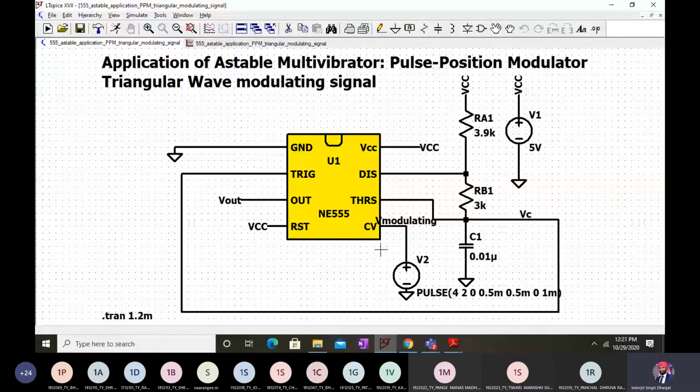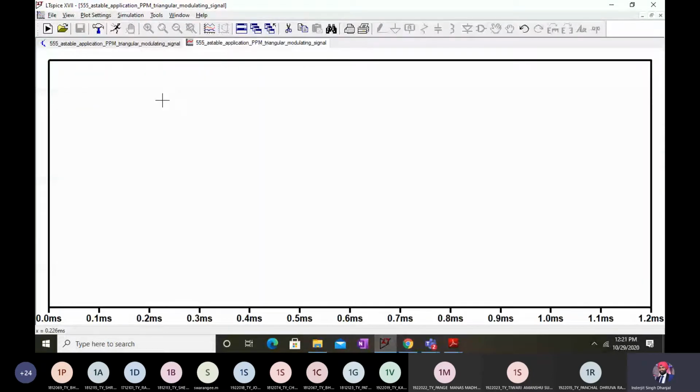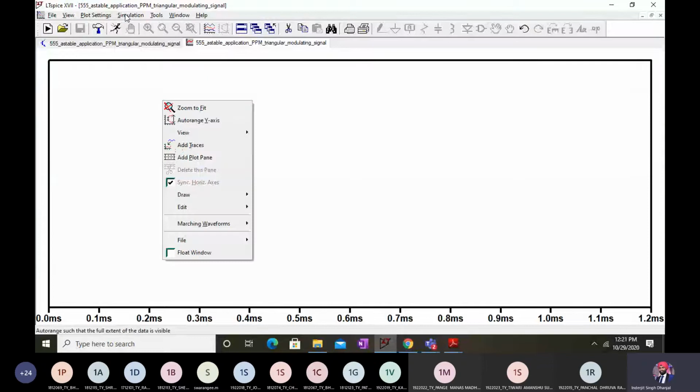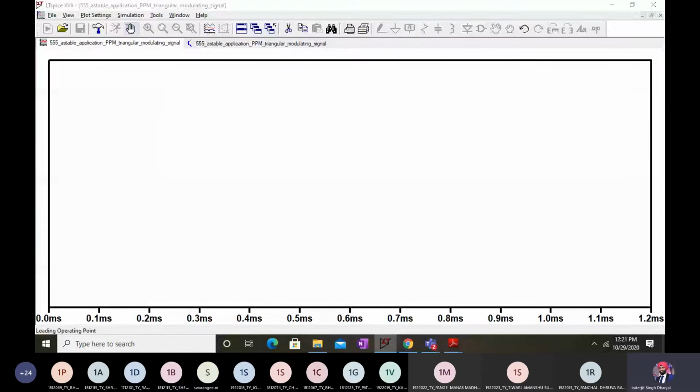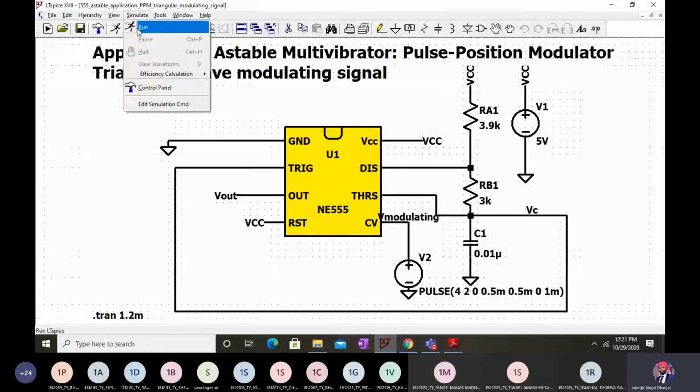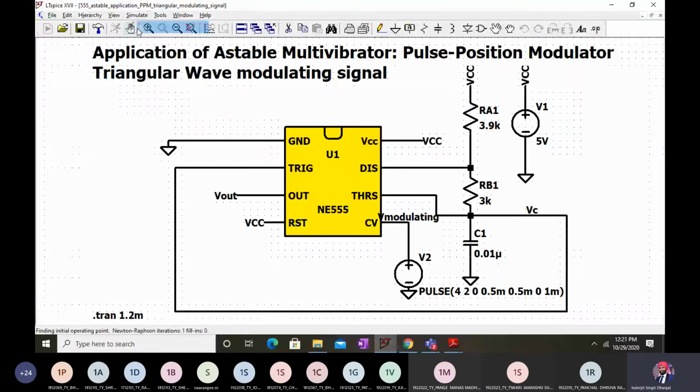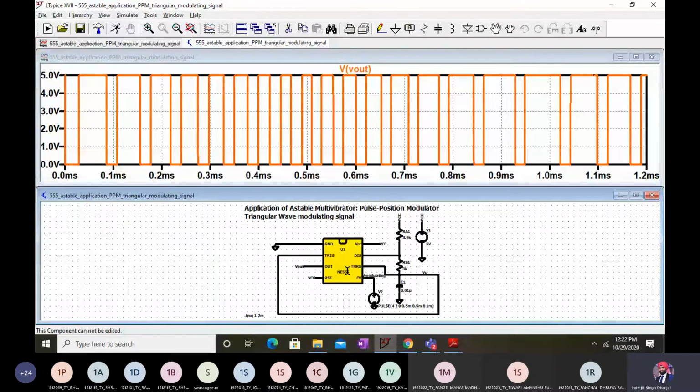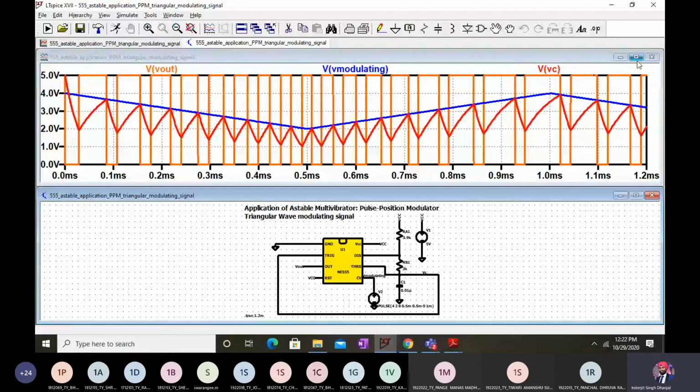Now let me observe the various waveforms. Let me simulate it. I'll observe the output first. There are a lot of output pulses. The modulating signal is a triangular wave in this case.